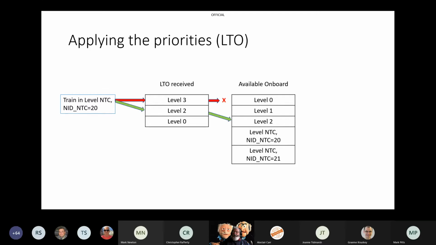The onboard will now look at the next level in the priority table, in this case level 2, and because level 2 is available in the onboard list, the result will be that the train transitions to level 2. So though the level transition order was to go to level 3 or 2 or 0, because of the train checking what it supports, it actually results in a transition to level 2.